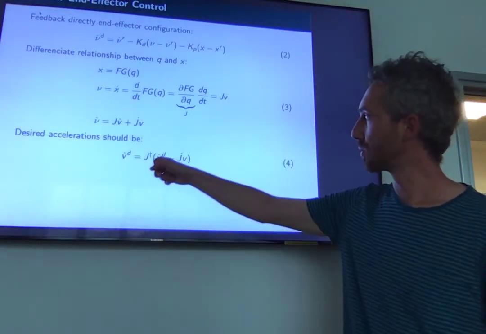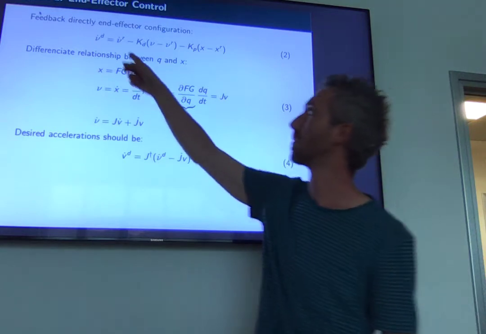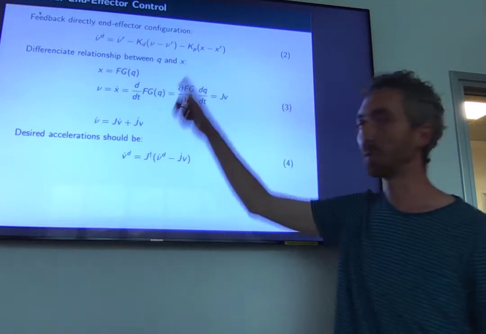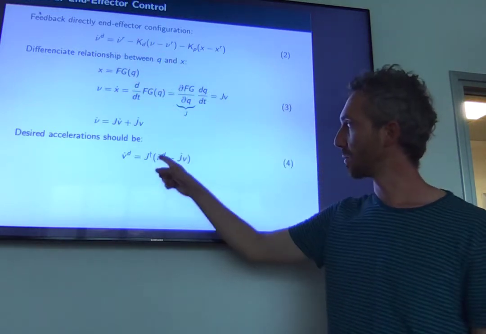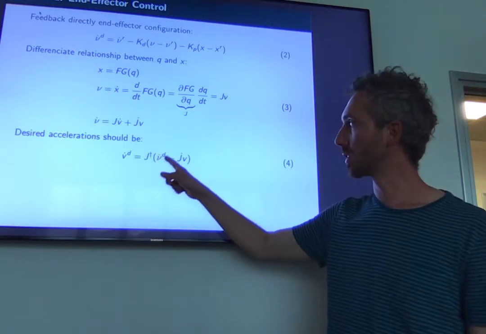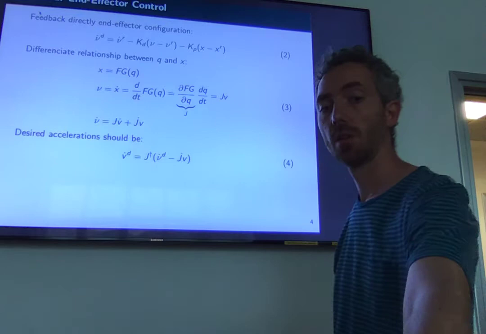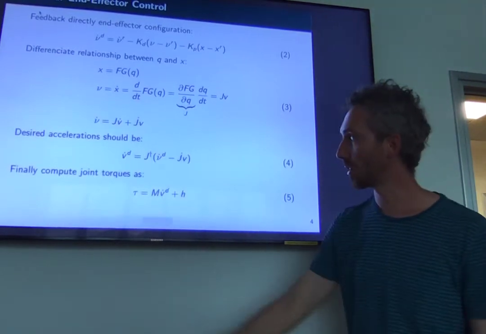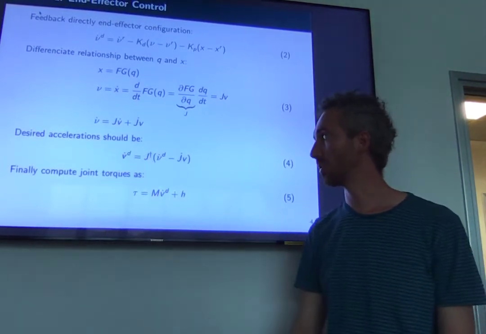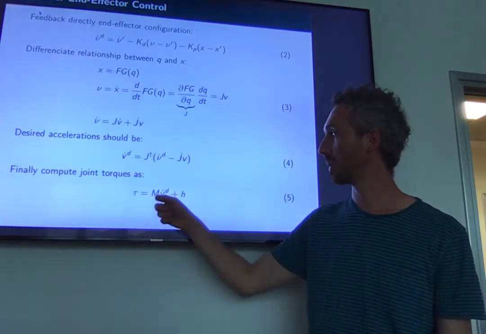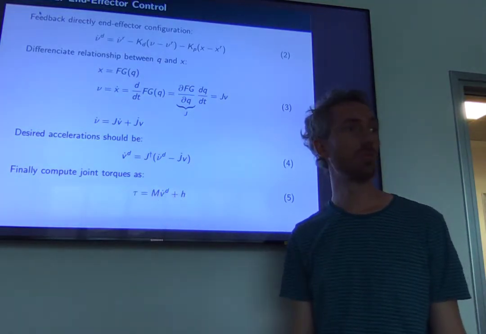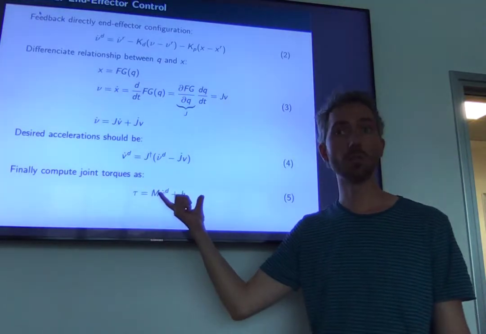So we can compute nu dot desired as reference plus PD feedback, and then we can map nu dot desired to joint space using the Jacobian pseudo-inverse. And once we have a desired joint acceleration, we can simply map it to joint torques by using inverse dynamics, right?